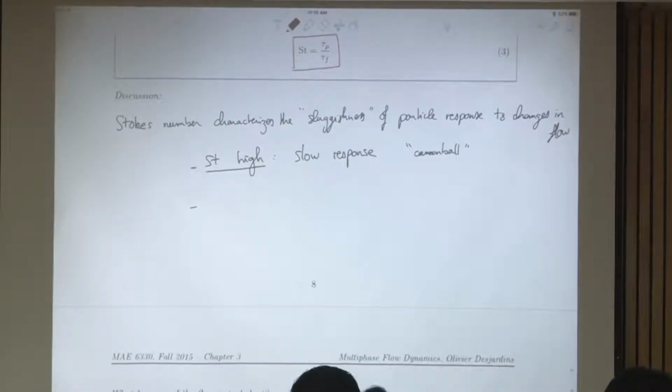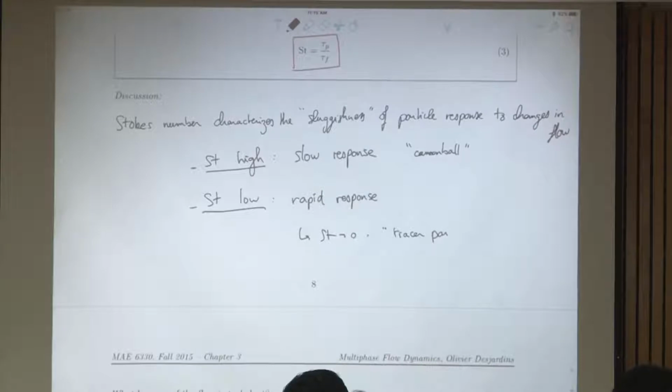So your particles will probably go through eddies and fluctuations without seeing much of them. If your Stokes number is low, it's the opposite situation. You have a near instantaneous response, and in the limit of vanishing Stokes number, essentially an instantaneous response. Therefore, if St goes to 0, you get into what's called tracer particles.